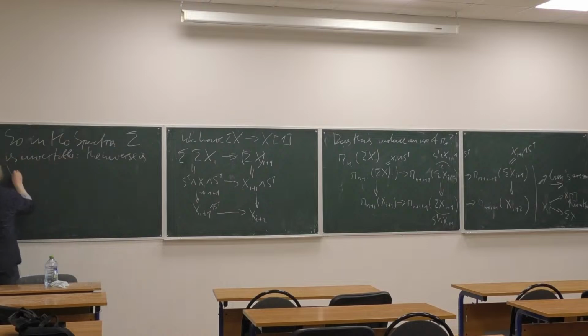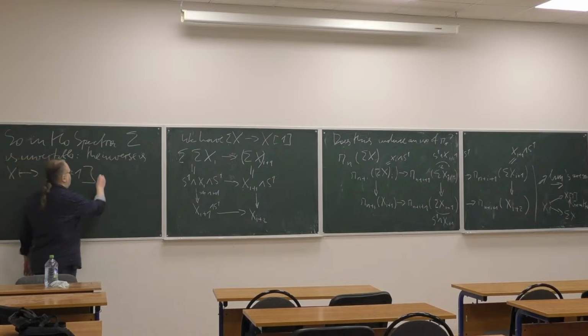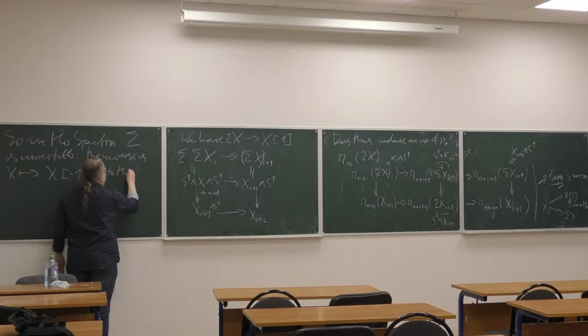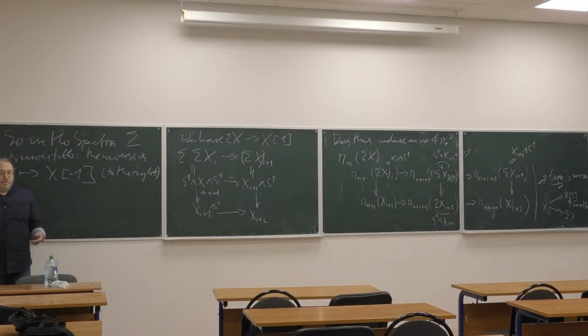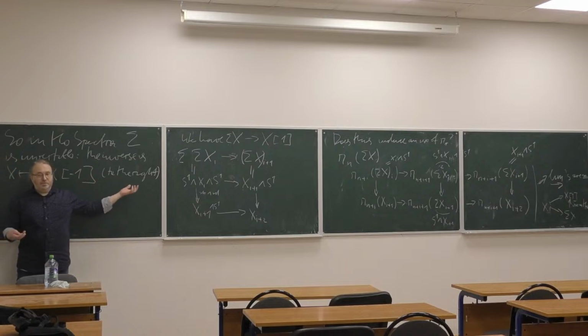And the inverse is the shift in the opposite direction. We already saw that the suspension is isomorphic in the homotopy category, of course, to the shift to the left. So the inverse would be the shift to the right.